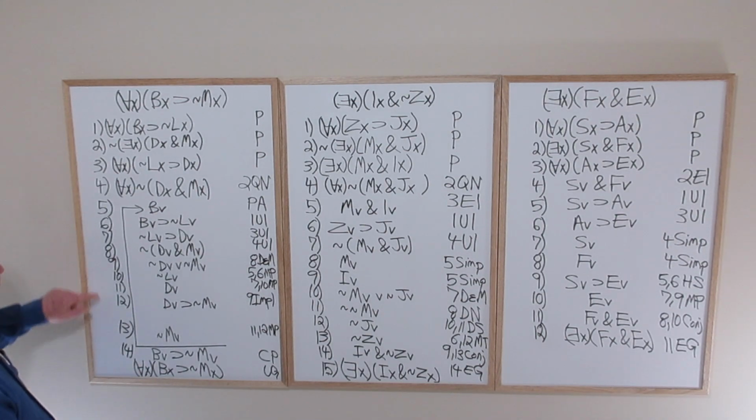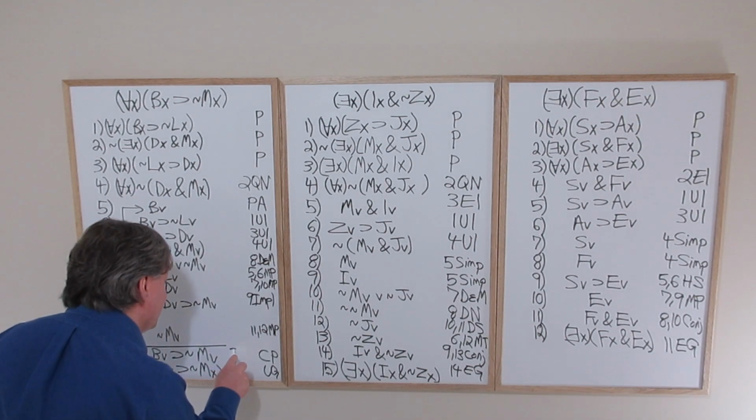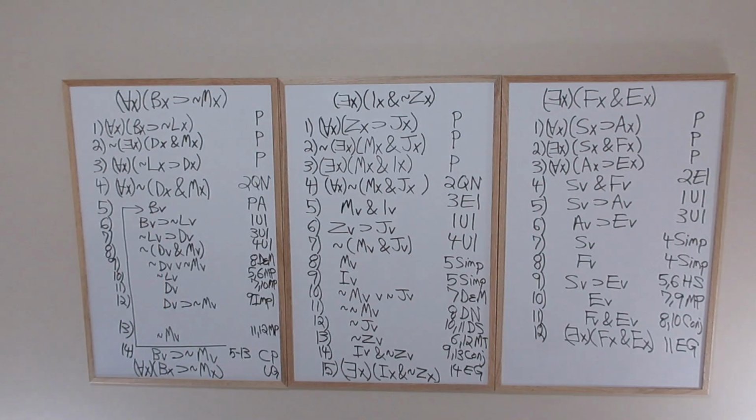So 5 to 13, CP, and notice at line 14, the temporary restriction on doing UGs on unspecified V is now lifted.